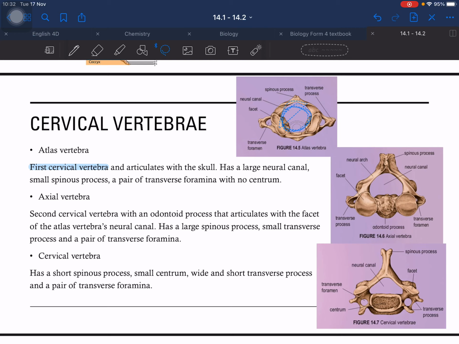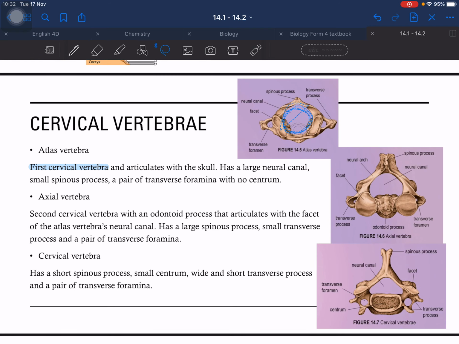So that's where it goes through, the medulla oblongata, to the nerve cord. Sorry. You'll know what I mean. This is connected to chapter 12 of the brain, right?